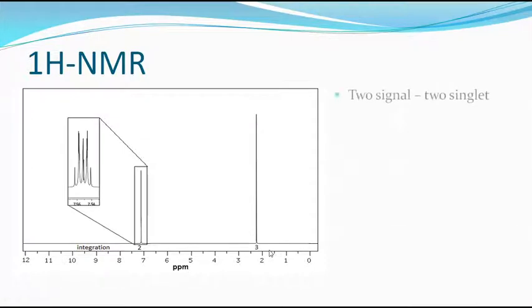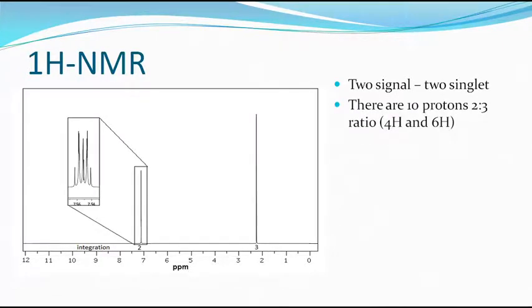There are 10 protons, and they have to be split in a 2:3 ratio, so it may be 4 hydrogens and 6 hydrogens. These are the 2 sets. The 7 ppm region is the aromatic region, and that is 4 hydrogens.